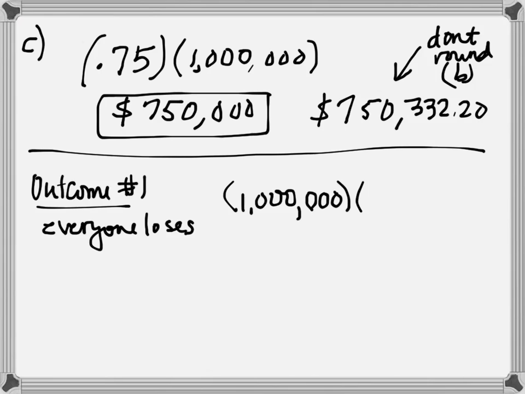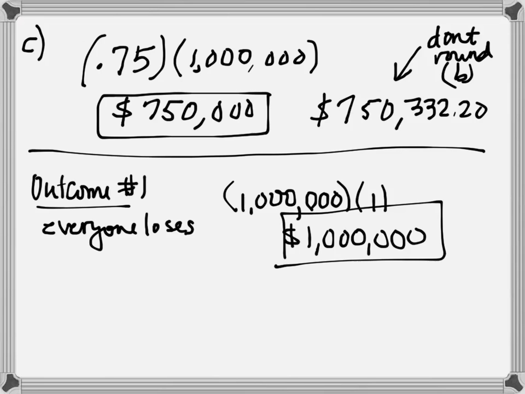So the education department earns $1 for each one of these, which means one option is that the education department actually makes $1 million. So one possibility is that $1 million is kept for the Department of Education by doing the lottery. That's outcome one.